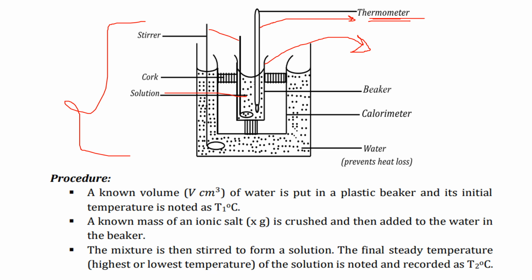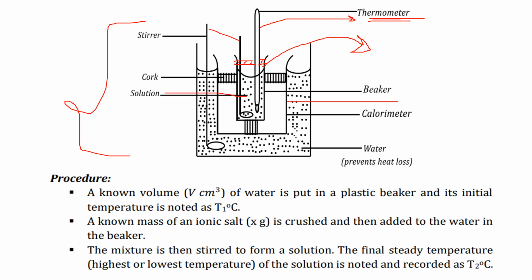And then to control environmental effect, we are supposed to seal it. I forgot to mention that at this apparatus. You are supposed to seal it so that no heat is given off to the surrounding. And after that, we put it in a calorimeter so that you can regulate the amount of heat from the surrounding and also given off to the surrounding.